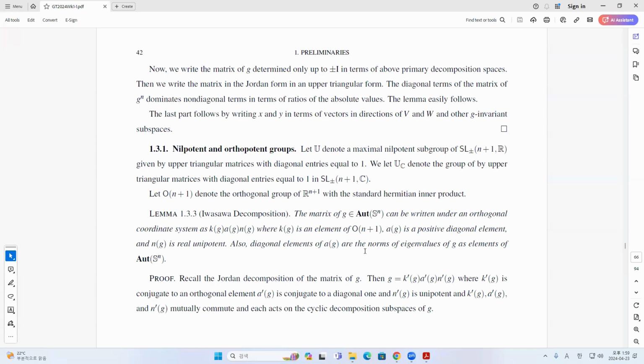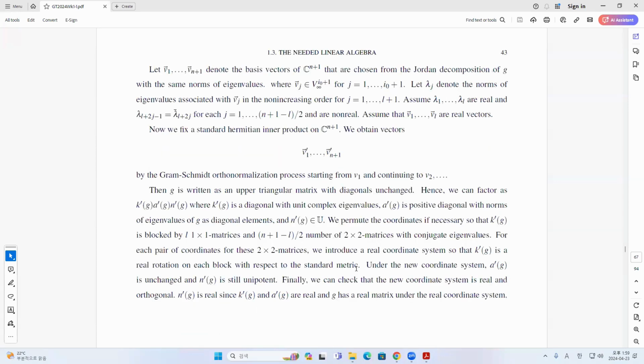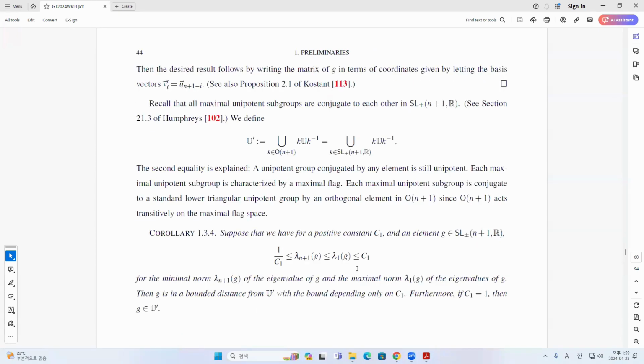So this is different. It's a very long proof, so I will skip it. Next, I want to talk about the maximal unipotent subgroups. We define this to be all the conjugates of the unipotent group, and then you take the union. You can also think of it as all the conjugates of U under SL(n+1).